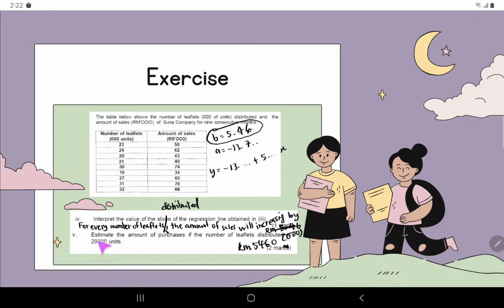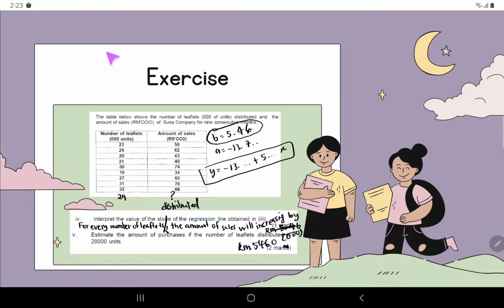And then next question, estimate the amount of purchases if the number of leaflet distributed is 29000 unit. So kalau dia tanya dekat sini, kalau 29,000, so amount of sale berapa? So just masuk dalam formula ni tadi. Okay, let's say saya tak ingat exact amount of A and B dekat previous slide. Let's say kita punya A and B according to this value.